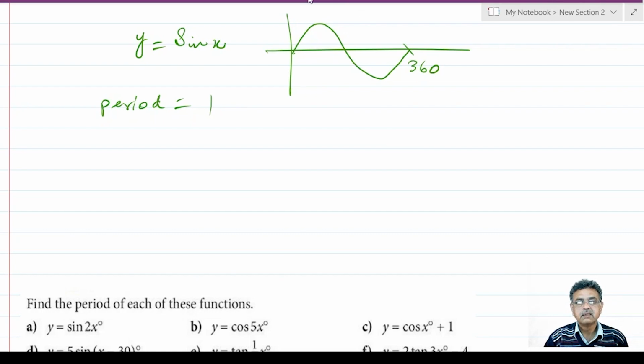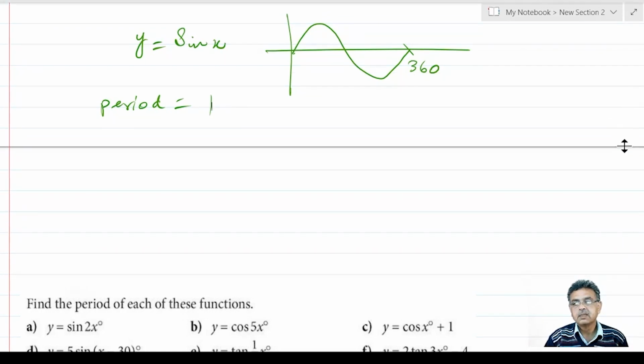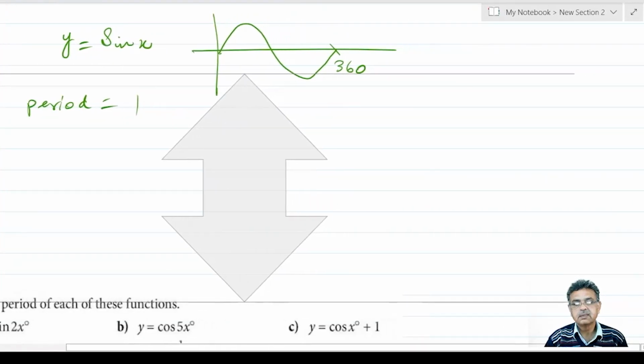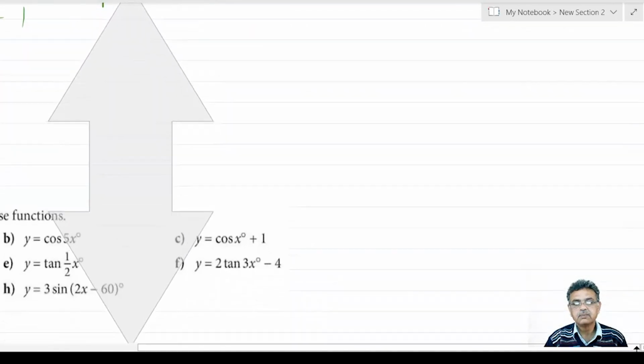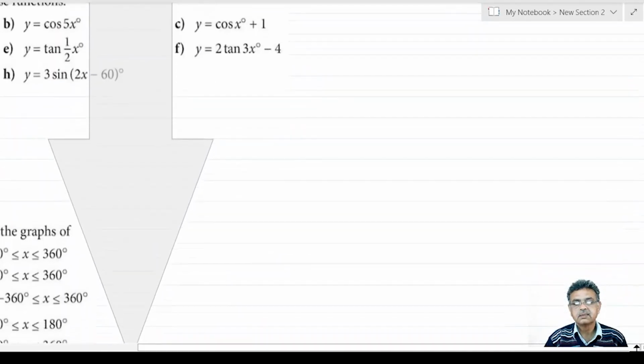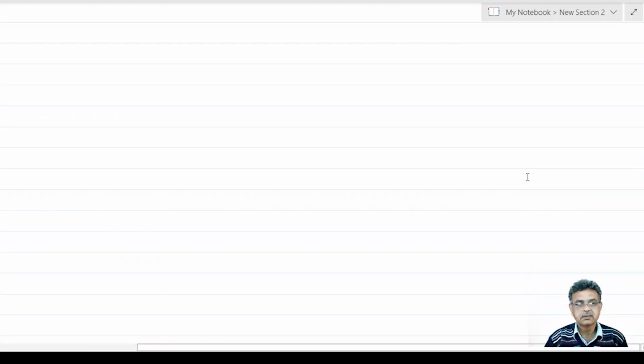So what does it mean? If the graph extends to 720 degrees, then there will be double, that is, two periods.